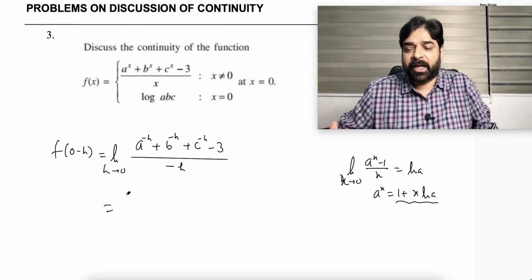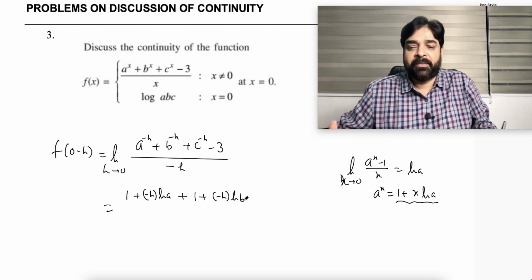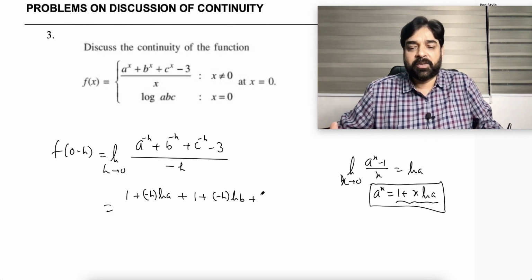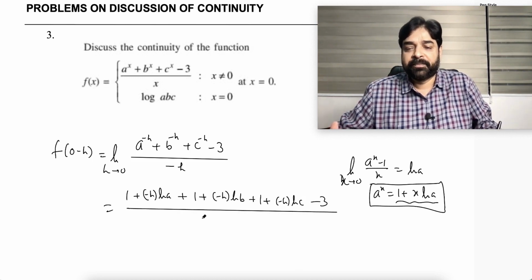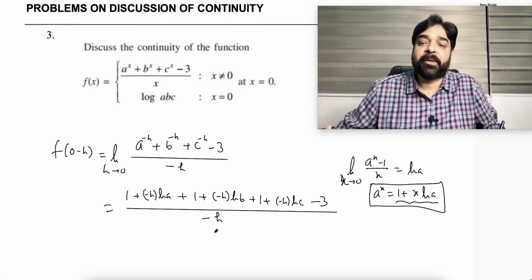So this will be written as 1 plus minus h ln a plus 1 plus minus h ln b, just applying this approximation, plus 1 plus minus h ln c, minus 3 is there already, divided by minus h. I am sure everybody is able to understand.